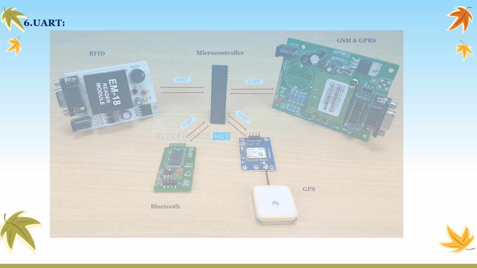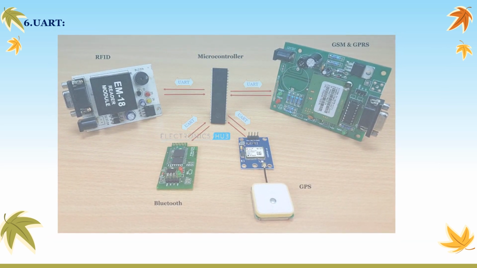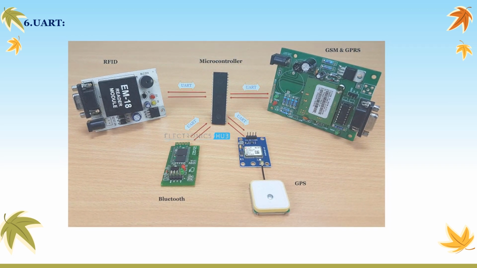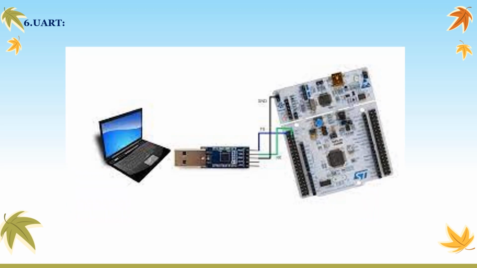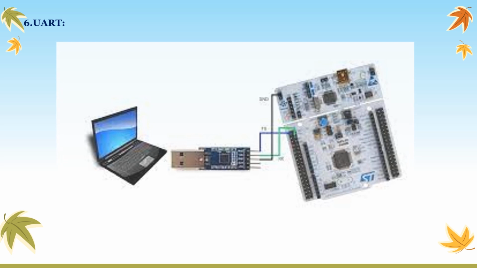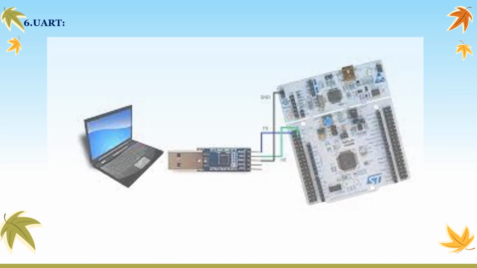UART stands for Universal Asynchronous Receiver Transmitter. It's not a communication protocol like SPI and I2C, but a physical circuit in a microcontroller, or a stand-alone IC. A UART's main purpose is to transmit and receive serial data.